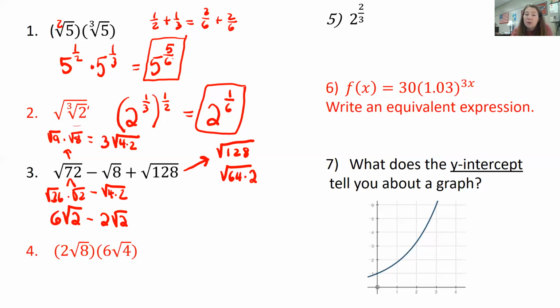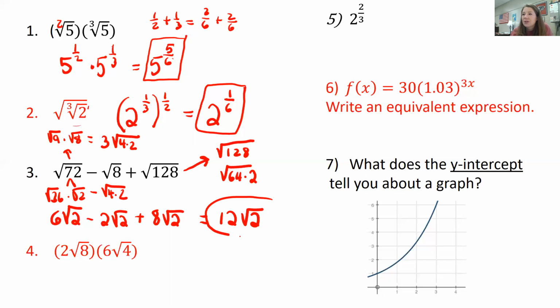Well, isn't 64 a perfect square? So the square root of 64 is 8, giving 8 square roots of 2. Now that what's inside the radicals matches, we can combine those coefficients in the front. So 6 minus 2 is 4, and 4 plus 8 is 12 square roots of 2.